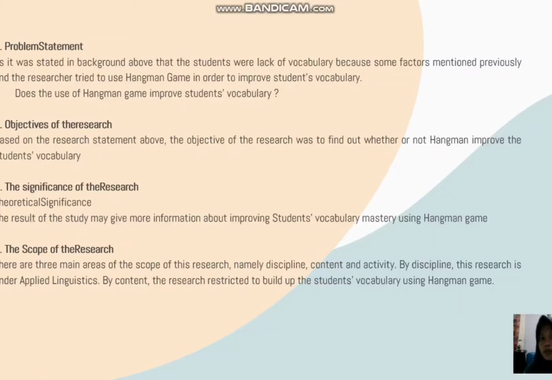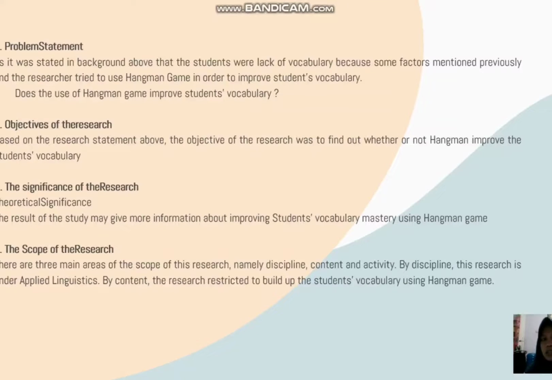And then the problem statement. As stated in the background above, students will like vocabulary because of pictures mentioned previously, and the research tries to use Hangman game in order to improve student vocabulary. Does the use of Hangman games improve student vocabulary? That is my question.